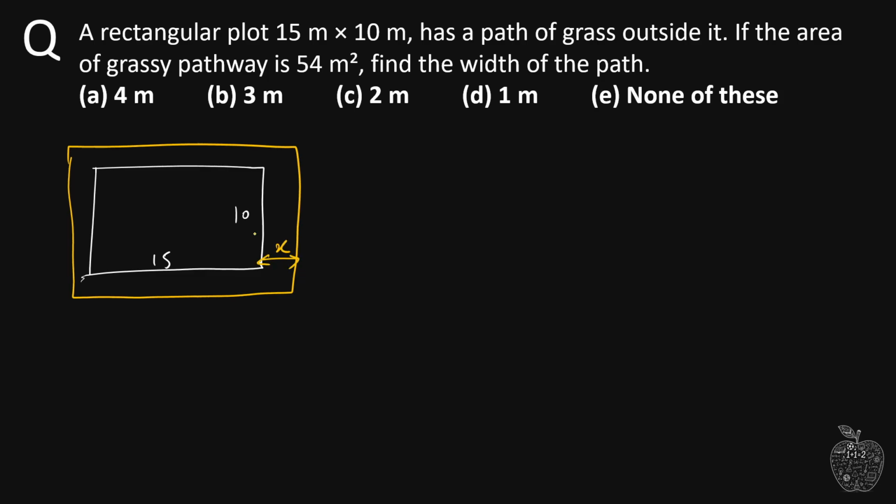Okay, so this width is x. This width over here is x, and we know that the area of pathway is 54 meters square. Now how do we get this area of pathway?